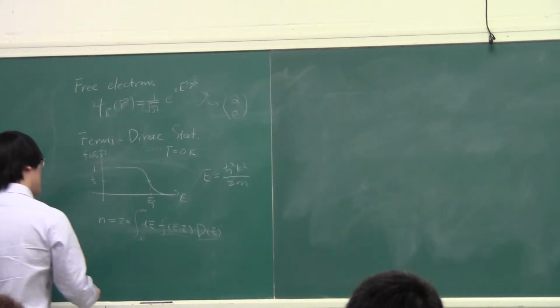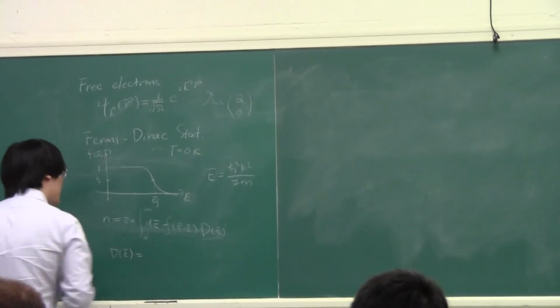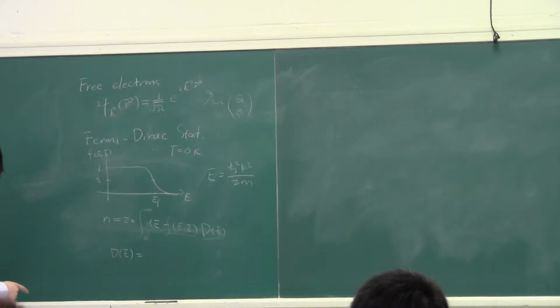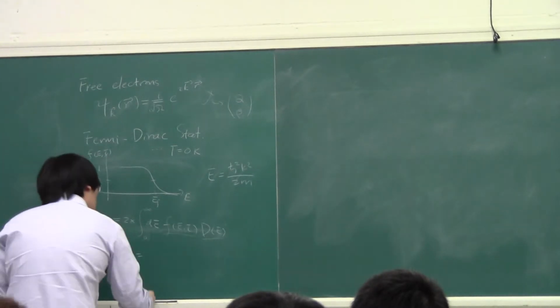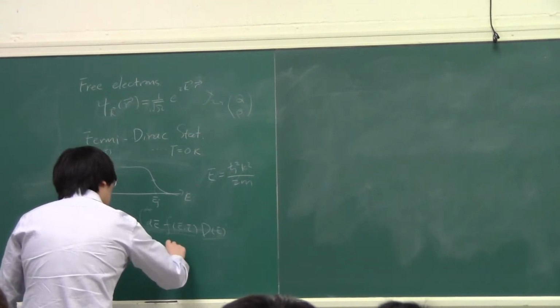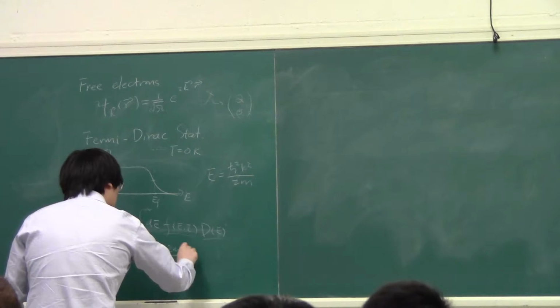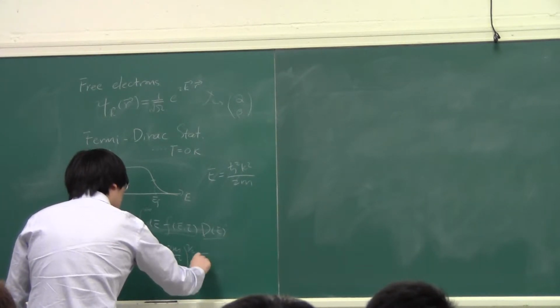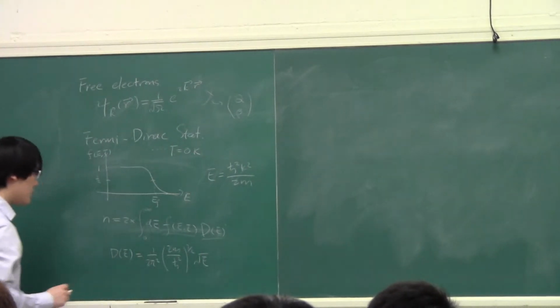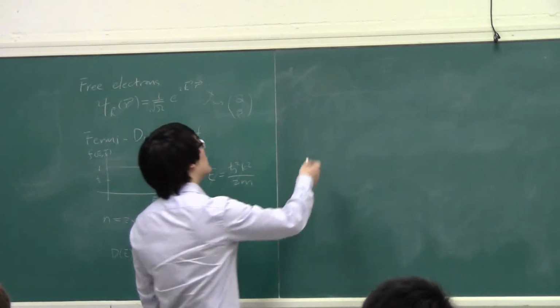Okay. So the density of states is 3D, and this is the single spin density of states. Okay. This is something like this, and then 2m over h bar squared to the 3/2.